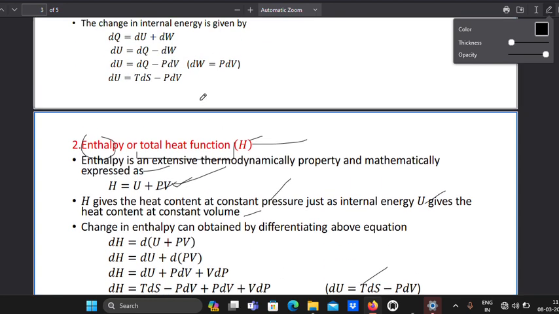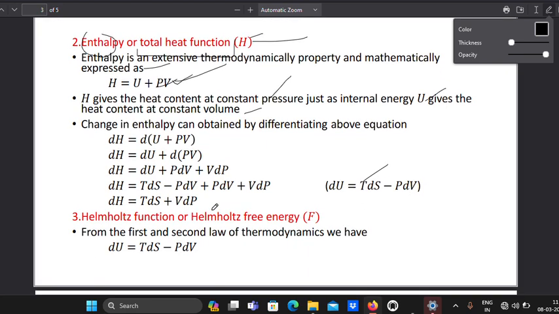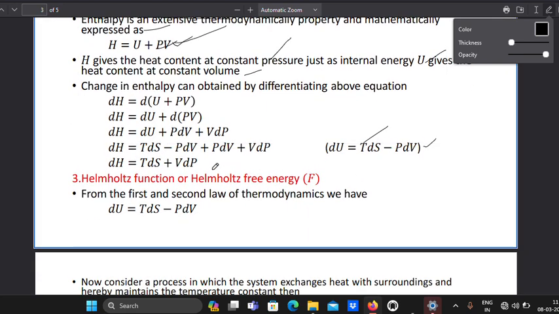From the above, dU = TdS minus PdV. Substituting for dU, PdV gets cancelled. Finally, dH = TdS + VdP. This is the change in enthalpy.